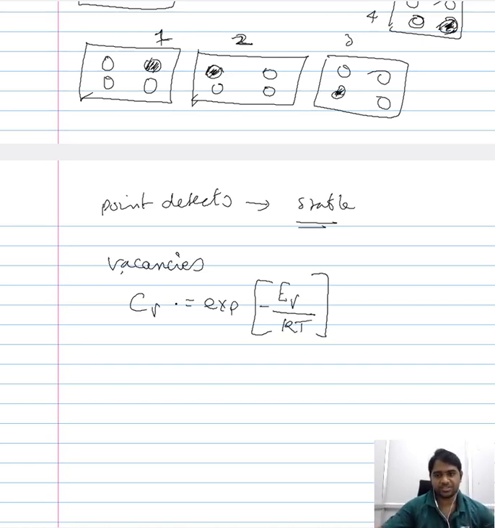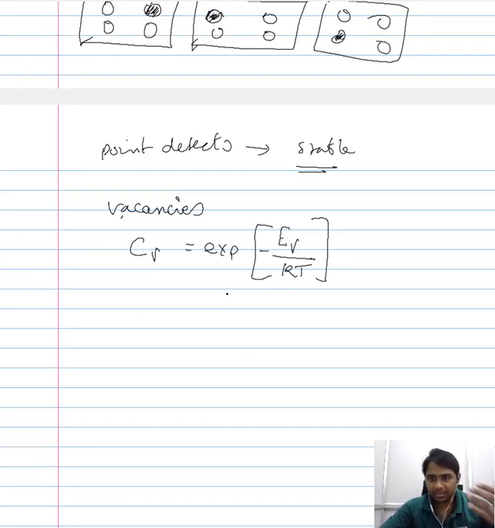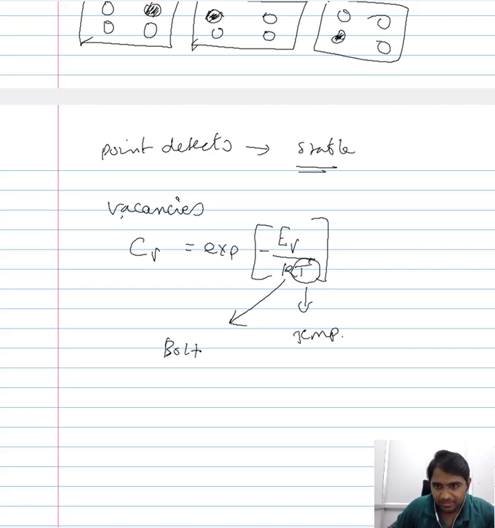This is an expression that tells us how many stable vacancies are present at a given temperature T, where k is the Boltzmann constant.